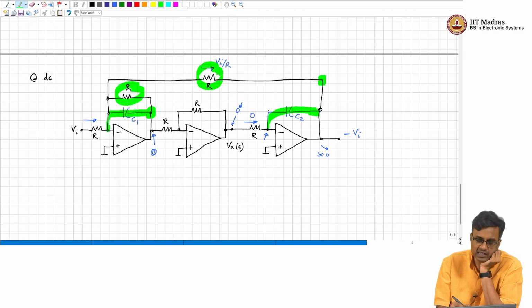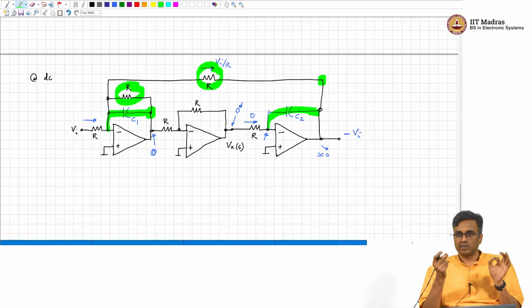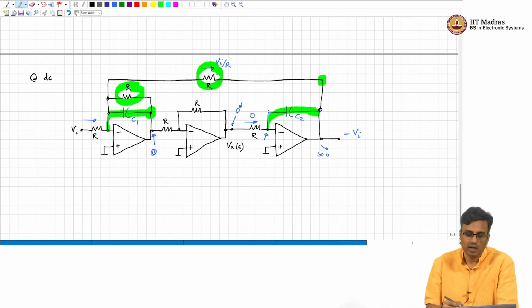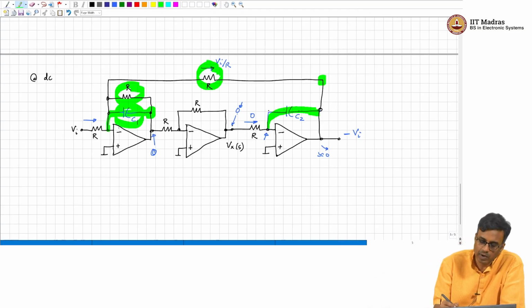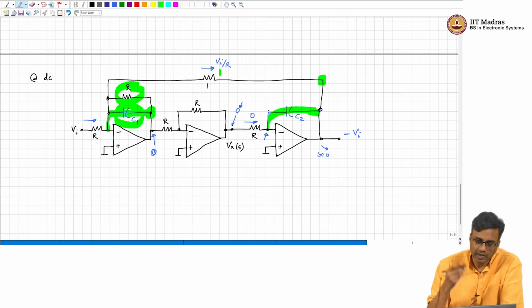So, among R and C1, if current flows, through which will current flow? Through C1. Compared to C1 and this R, through which will more current flow? Through C1.